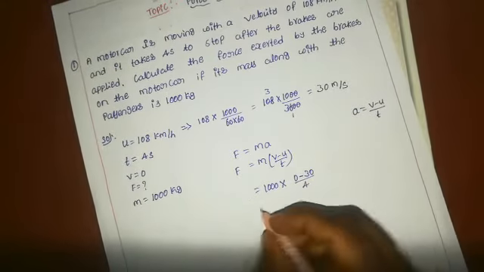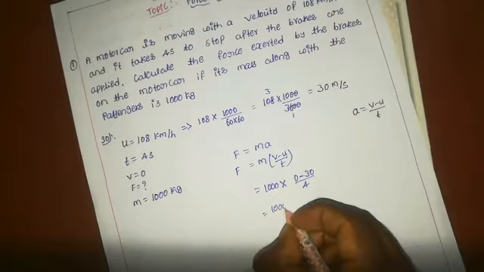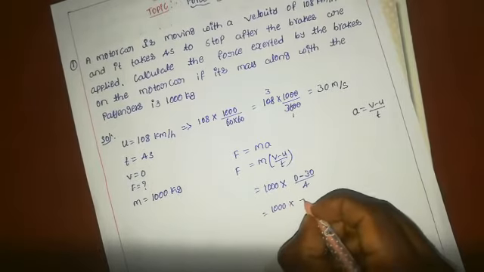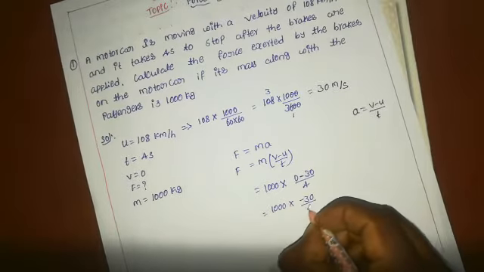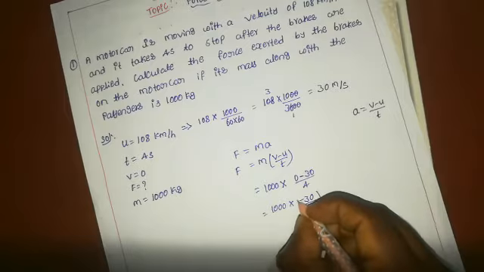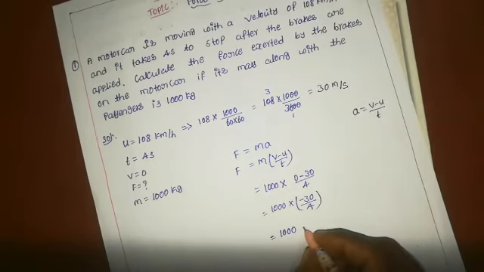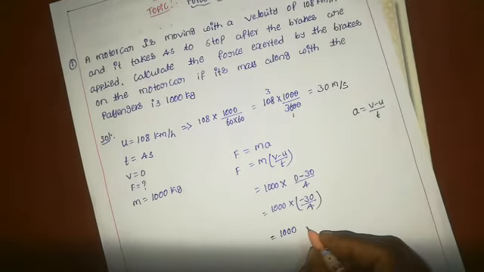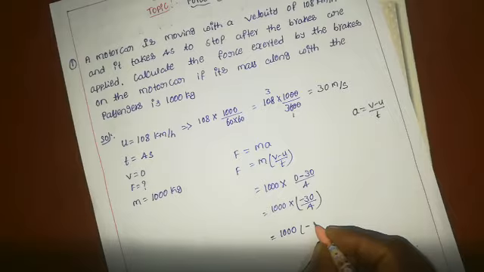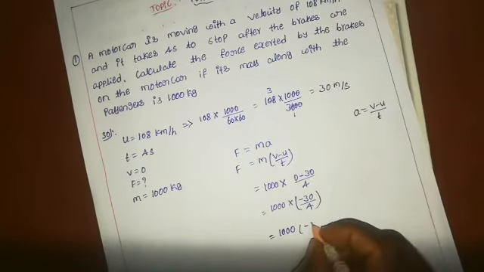We get 1000 into minus 30 divided by 4. When we divide 30 by 4, we get minus 7.5.